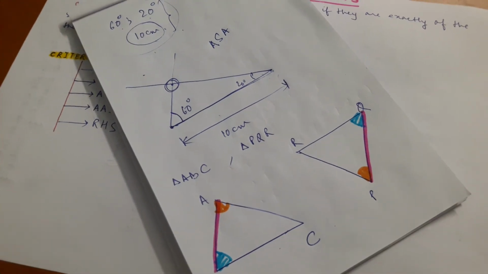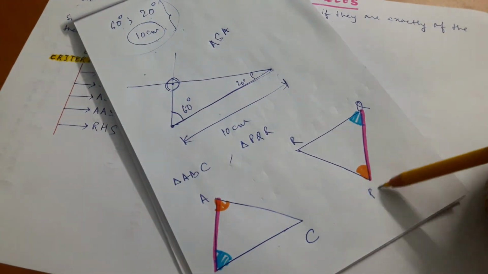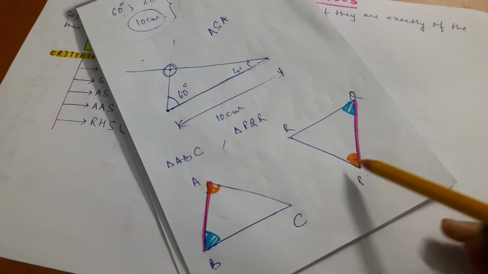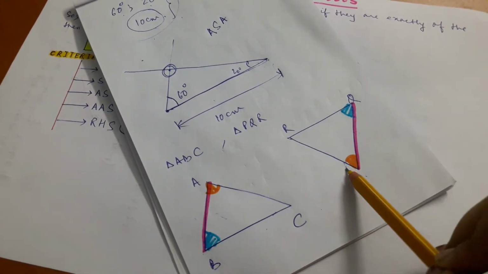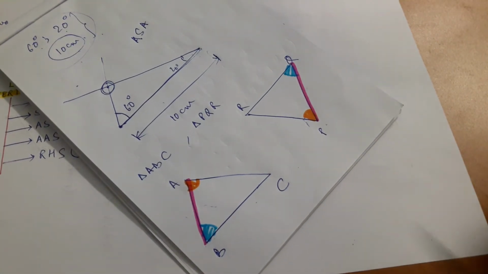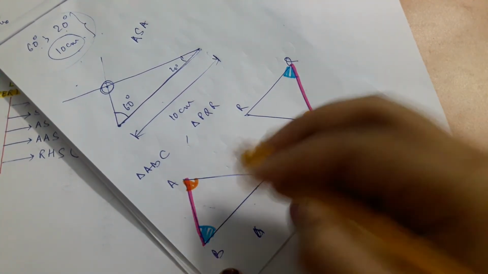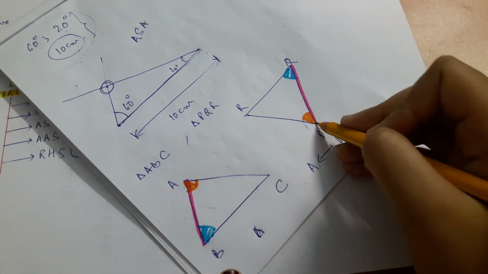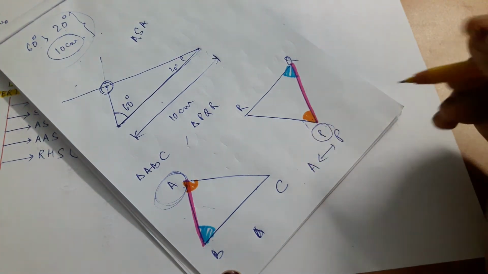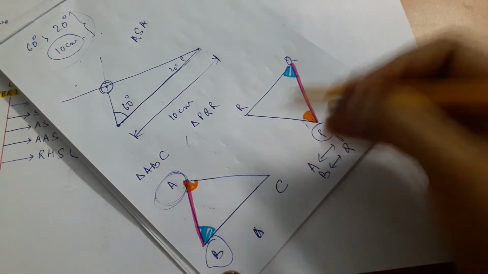So for these two triangles, ABC and PQR, AB is equal to PQ, these two pink sides are equal. These two orange angles are equal. These two blue angles are also equal. So if we talk about superimposing, we can write A is superimposable on P. See, these two orange angles are equal. It means the vertex A is superimposable on P. Similarly, the vertex B is superimposable on Q.